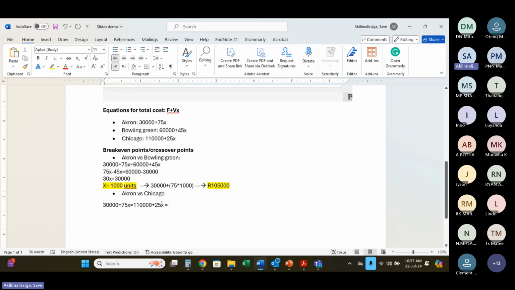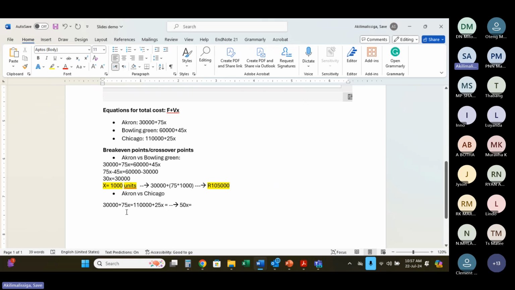Okay, please, you guys also can double check this on your side, because I'm going to go up with this straight to the point. So we're gonna have 75 minus 25, that is 50. 50x.